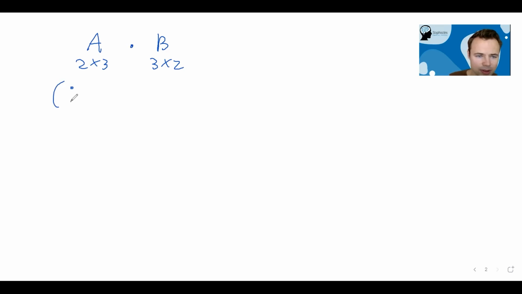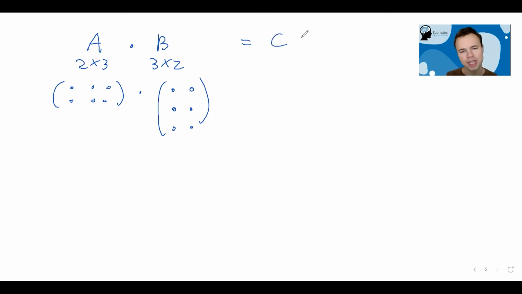You have 2 rows and you have 3 columns. So this is how matrix A would look like, right? And then you multiply it with a matrix that has 3 rows, so 1, 2, 3, and it has 2 columns. So this is basically what the structure would be if you are going to multiply it.